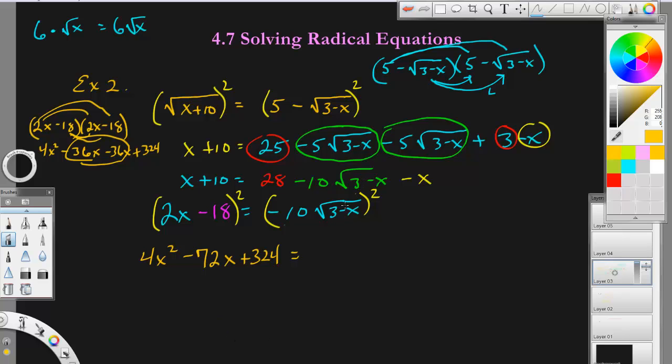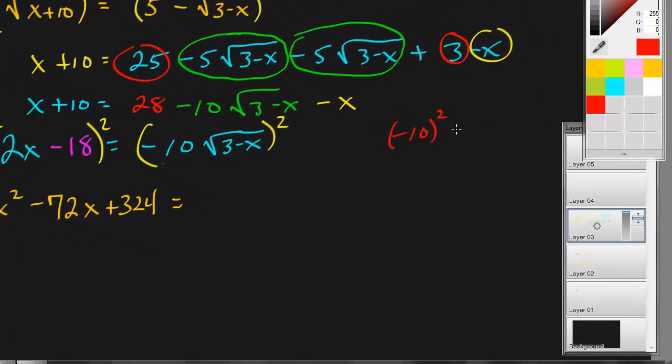Now the right side, everybody look at this, it doesn't have a plus sign in it, or a minus. This is just two things. It's negative 10 times that. So when I square this, it's going to essentially turn into negative 10 squared and then radical 3 minus x squared.